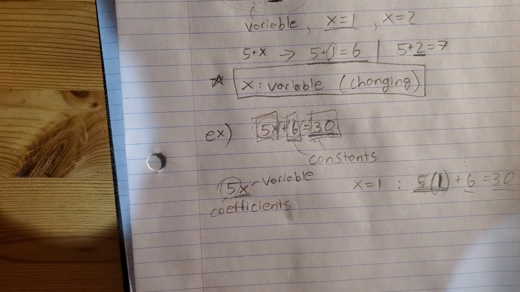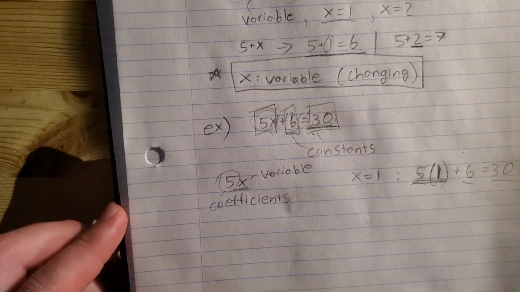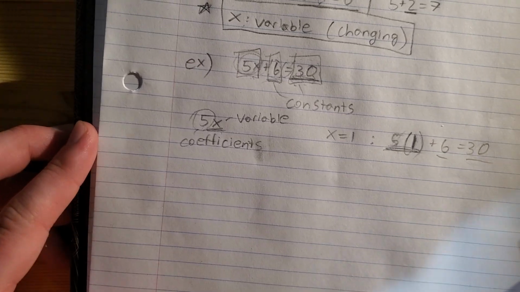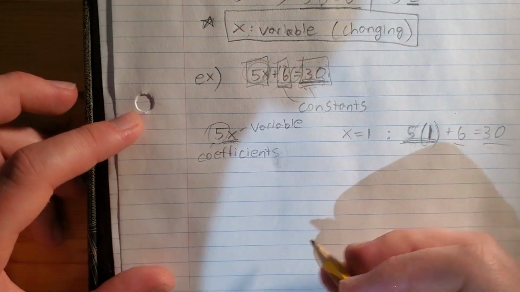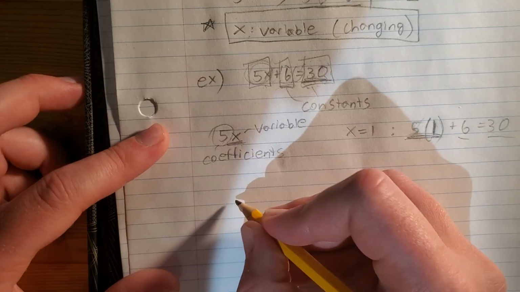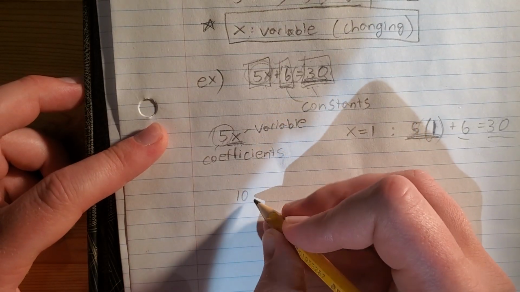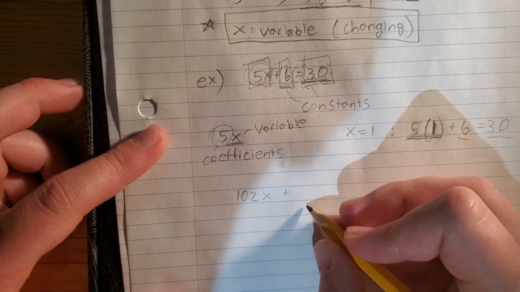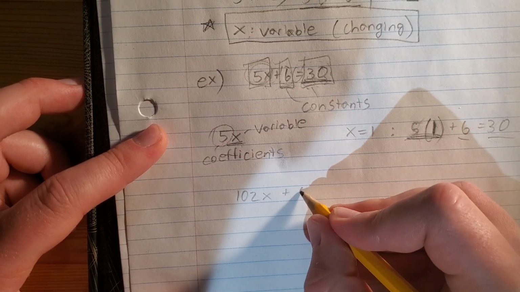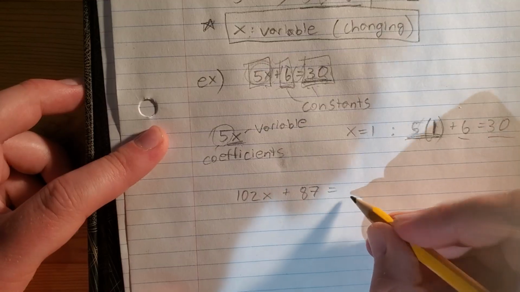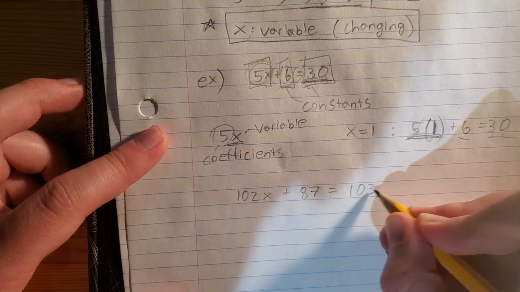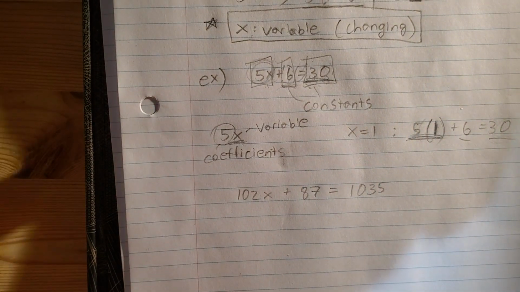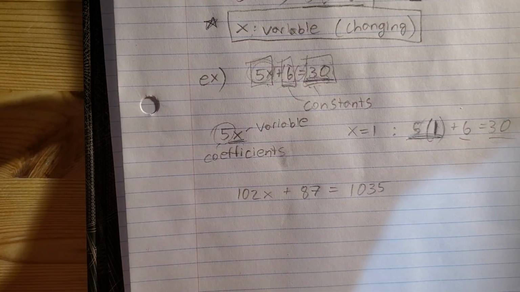And pretty much from those understandings, we can build very complicated looking equations. So say, for example, I have 102x plus 87 equals 1035. Now, these are big numbers. Like, wow, these are big numbers.